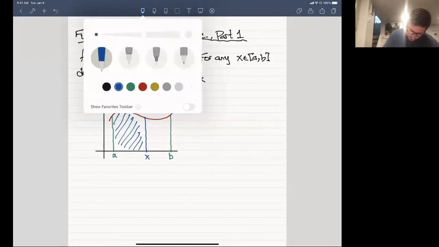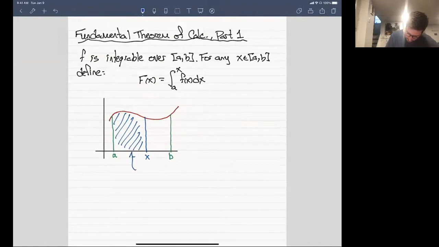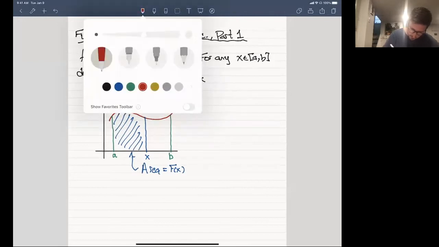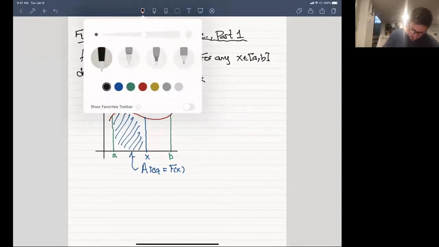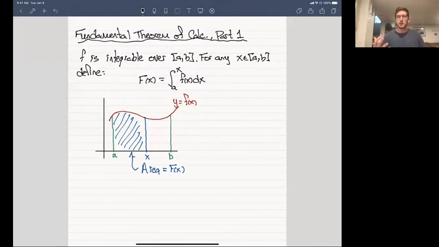And then I can say that my area equals capital F of x, right? And the red curve here is little f of x. So it's a very abstract function, and it's a function that's determined in terms of a definite integral.